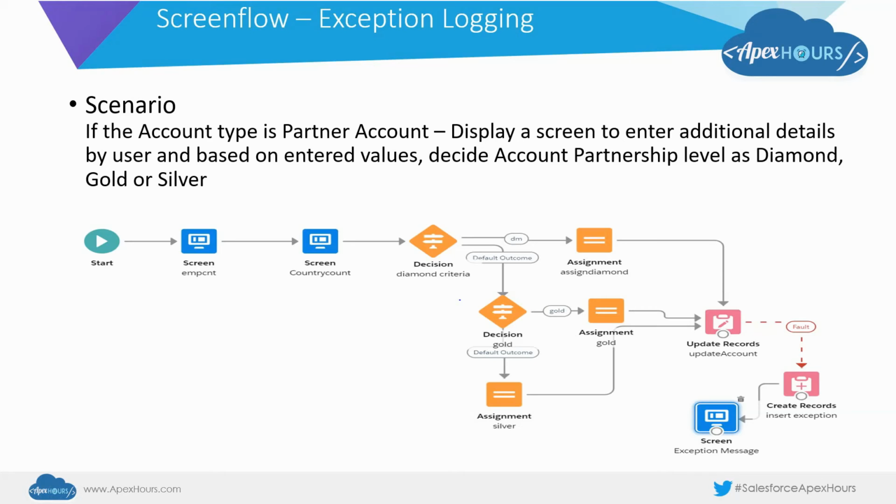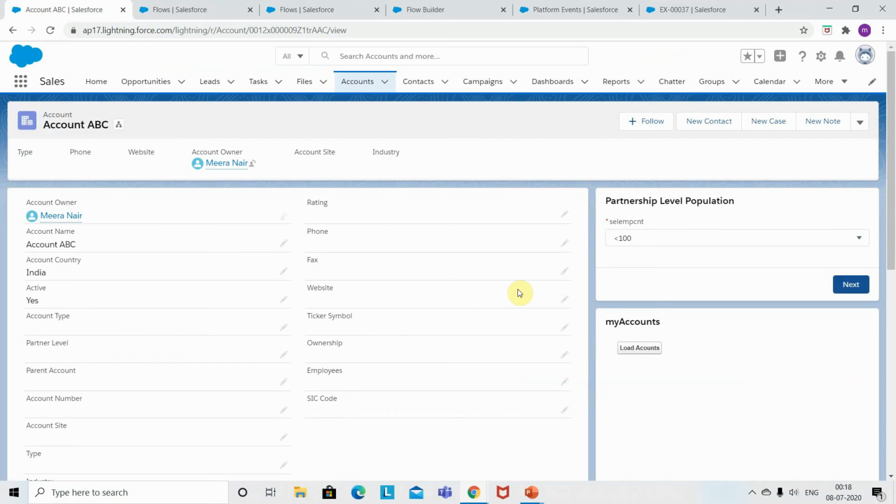If the account type is partner account, then I would like to display a screen on the account detail page where the user is asked to enter some additional details, and based on those details, it will automatically decide the partnership level of that account as diamond, gold or silver. This is the flow. Let us go to the org and see how the behavior is.